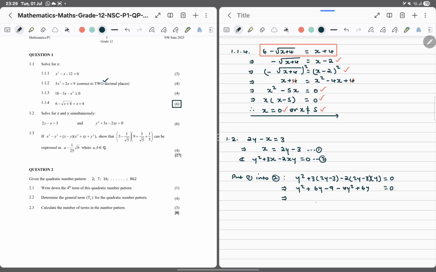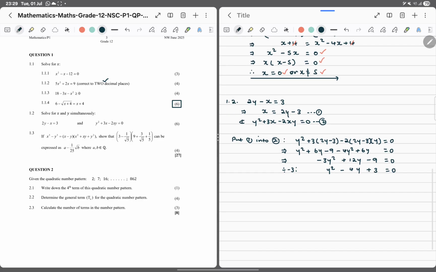So we sort out like terms. This gives us minus 3y squared plus 12y minus 9 equal to 0. We can divide by minus 3. We get y squared minus 4y plus 3 equal to 0.